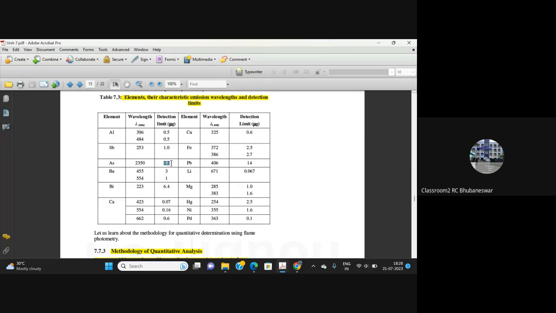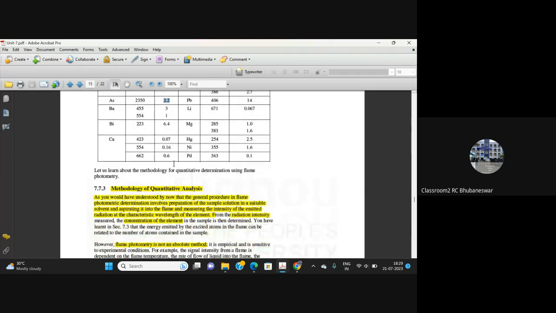If a soil has more than 2.2, then this is not suitable, so you may go for another spectroscopic method to study it. So understood, you can't just say, okay, arsenic I can study through flame photometry. You have to set the detection limit also. Up to this quantity, I can use this spectroscopy; up to that quantity, I can go for the other spectroscopic technique. So this is the broad way we can discuss.